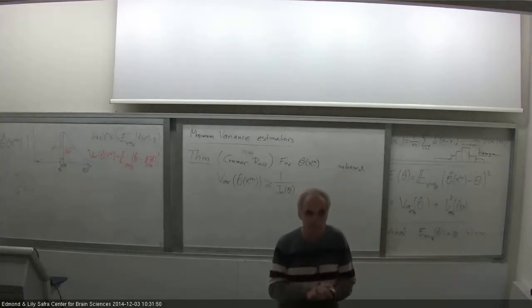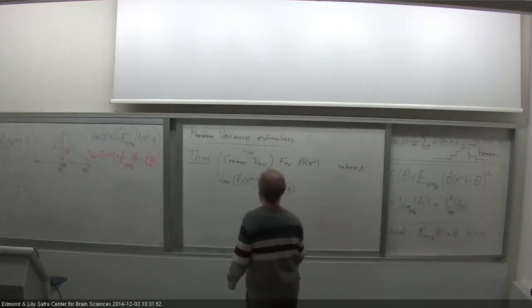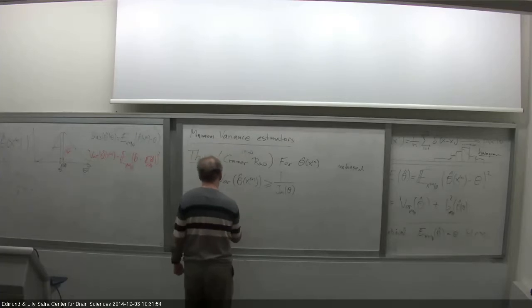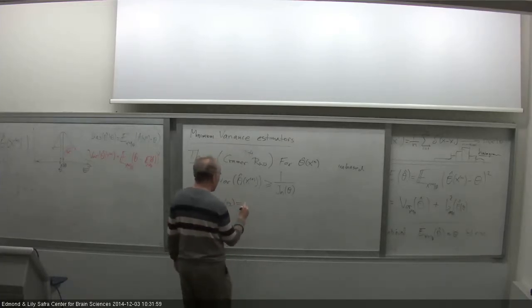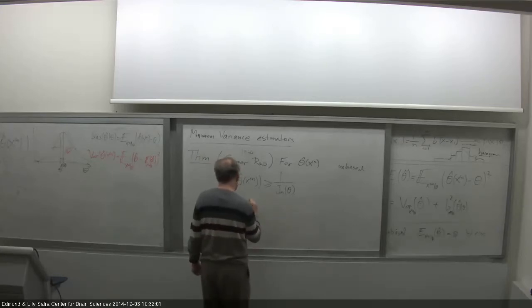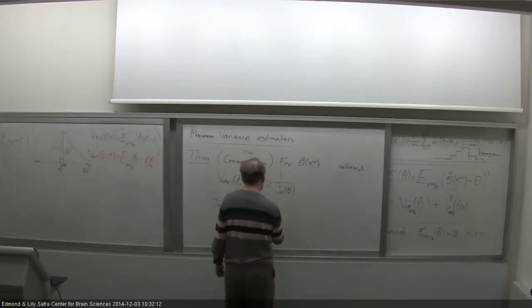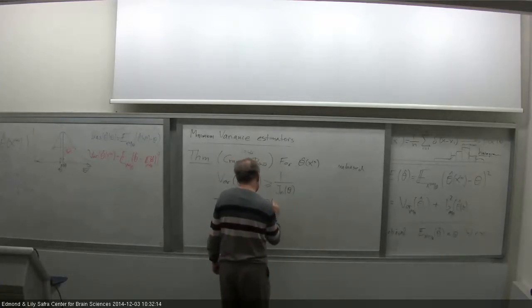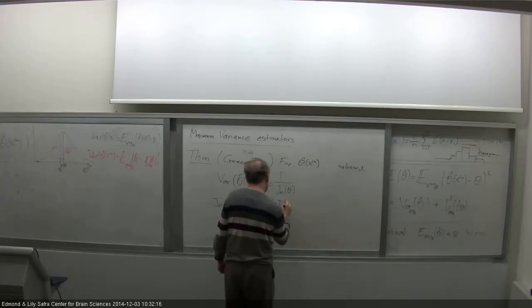And Jn of theta is called the Fisher information, and it's defined as the expectation with respect to the sample, again this conditional sample, of the derivative of the log likelihood with respect to theta, squared.